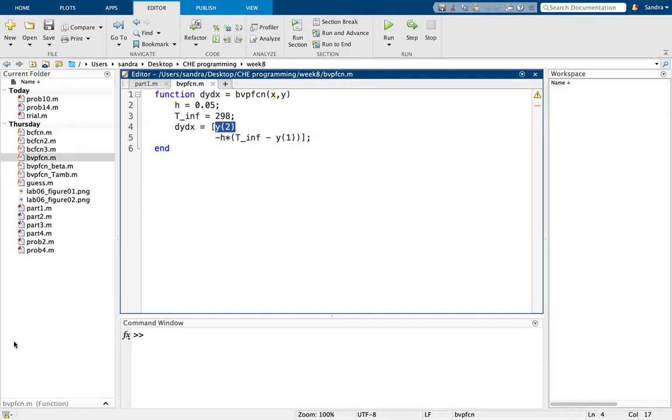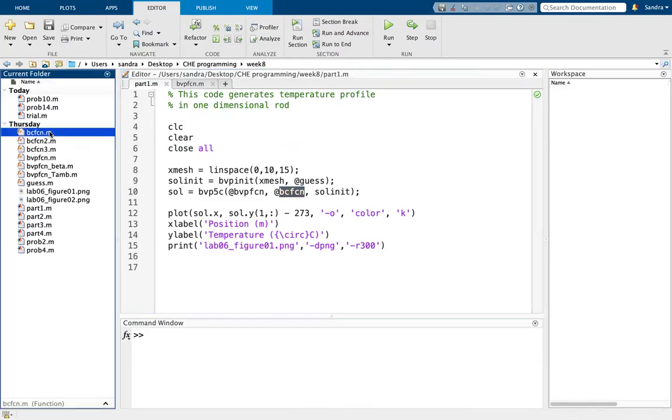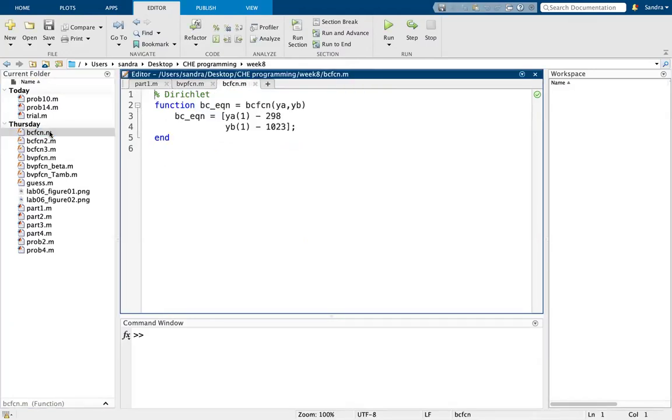Now let us go to the first part of the question again. Now we have to look at the boundary function, BCFCN. So let me just open BCFCN. Here also it takes in two values, YA and YB. In BCFCN, there will be two values, YA and YB, or you can name them any other variables.